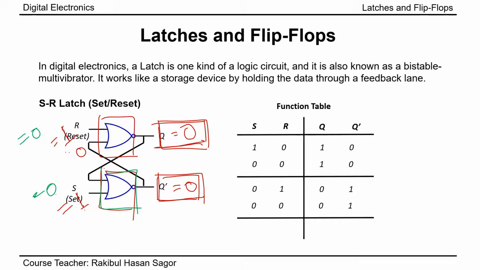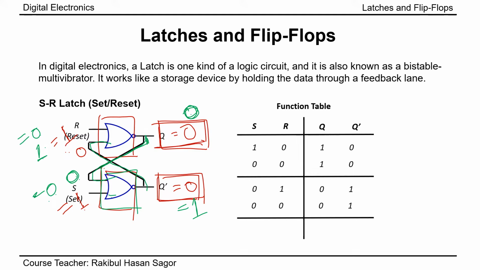We have s equal to 0, and I'm getting another 0 from this q output. This 0 and 0 will return q prime equal to 1. Fine. This 1 will appear here, and this 1 and 0 will return me 0 here.